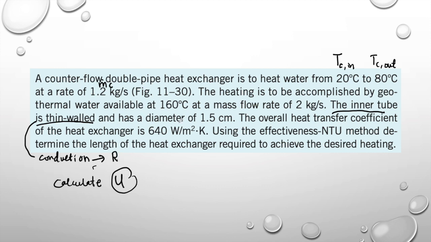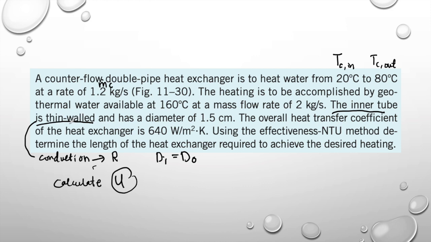It has a diameter of 1.5 centimeter. When it is a thin wall, the inner diameter is equivalent to the outer diameter, so you must remember this. Whether you want to calculate the surface area for the outer tube or the inner tube, the i here is equivalent to the out since it is a thin wall.